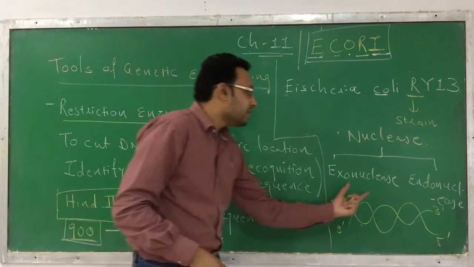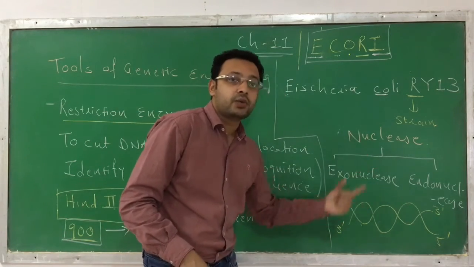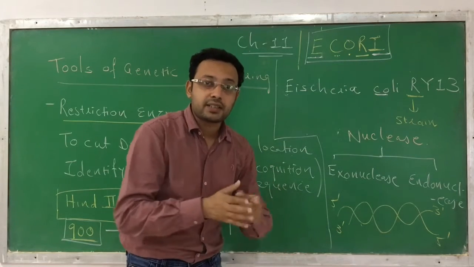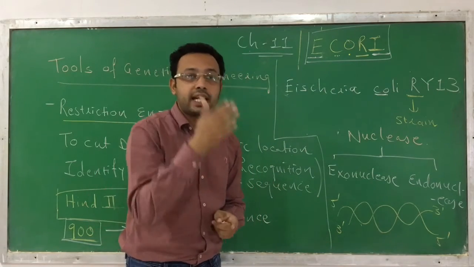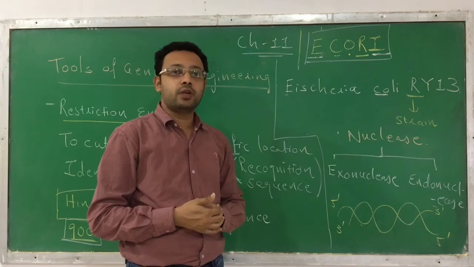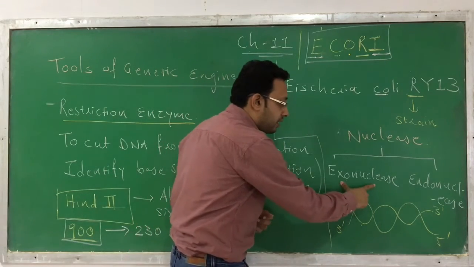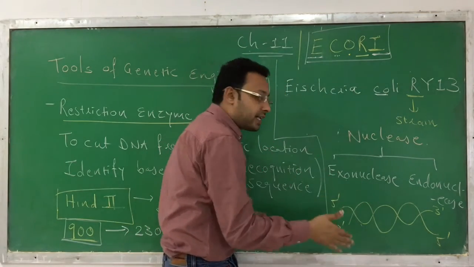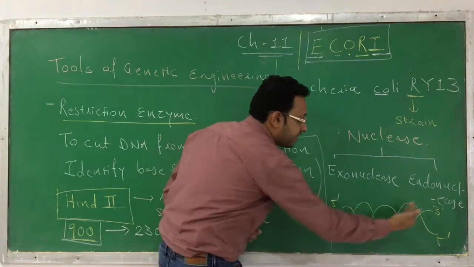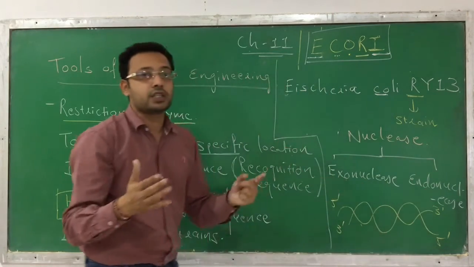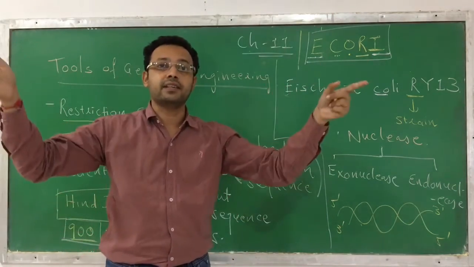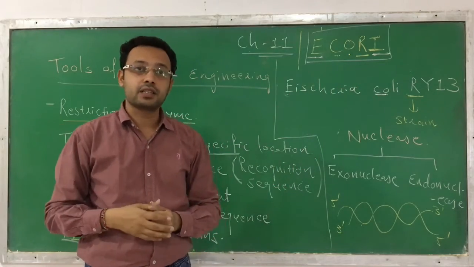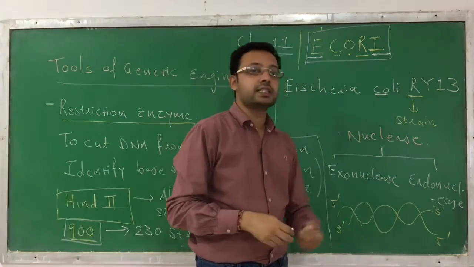They are nucleases, able to cut or digest the DNA molecule. But exonucleases cut the DNA from the end. Exo means outside. So it cuts the DNA from either end. So this is called an exonuclease enzyme.